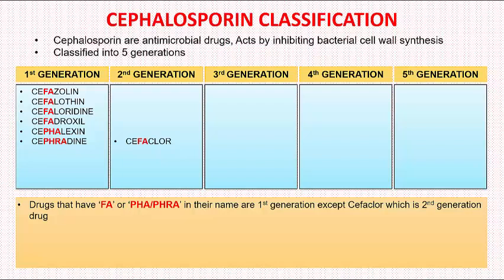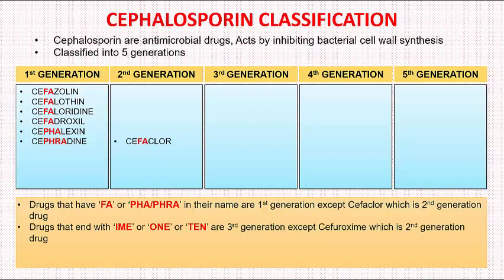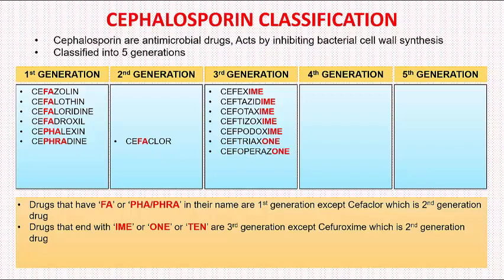The trick here is that the drugs in the third generation cephalosporins end with the letters IME or ONE or TEN. So we have cefixime, ceftazidime, cefotaxime, ceftriaxone, cefpodoxime, cefoperazone and ceftibuten.